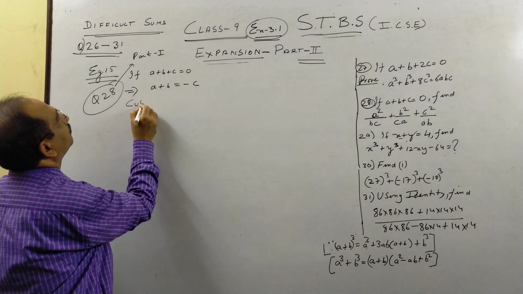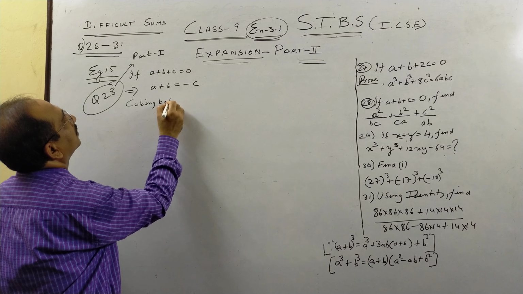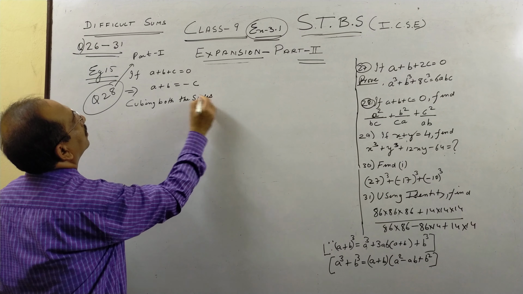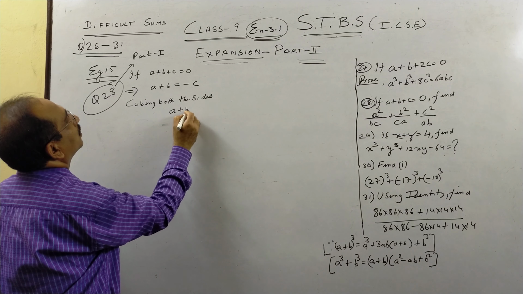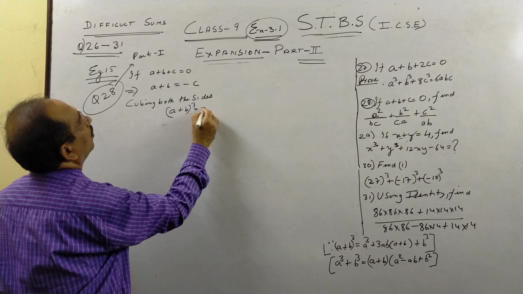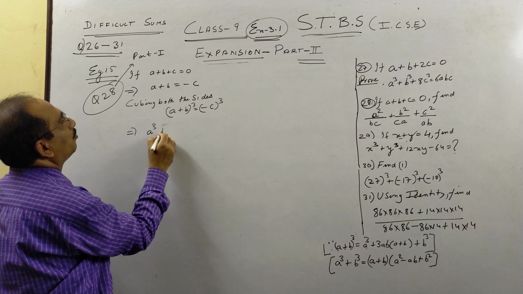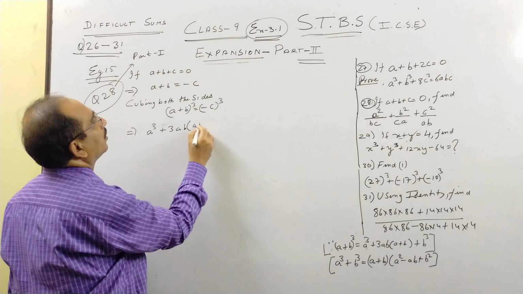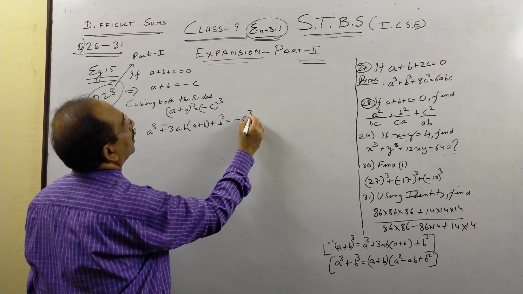Now cubing both the sides. So what we see: a plus b whole cube is minus c cube. So what do we get? a cube plus b cube plus 3ab(a plus b) is minus c cube.